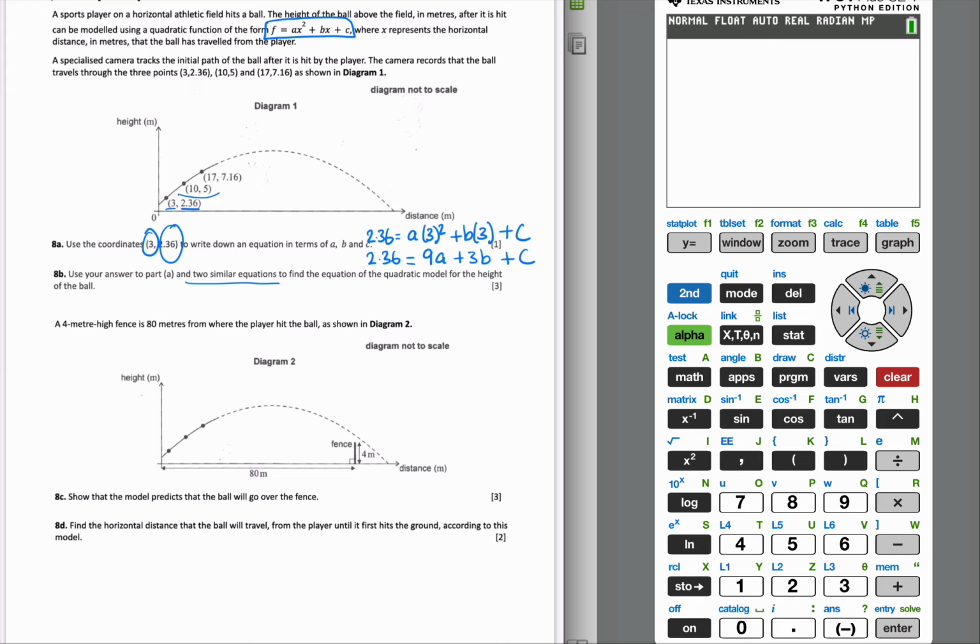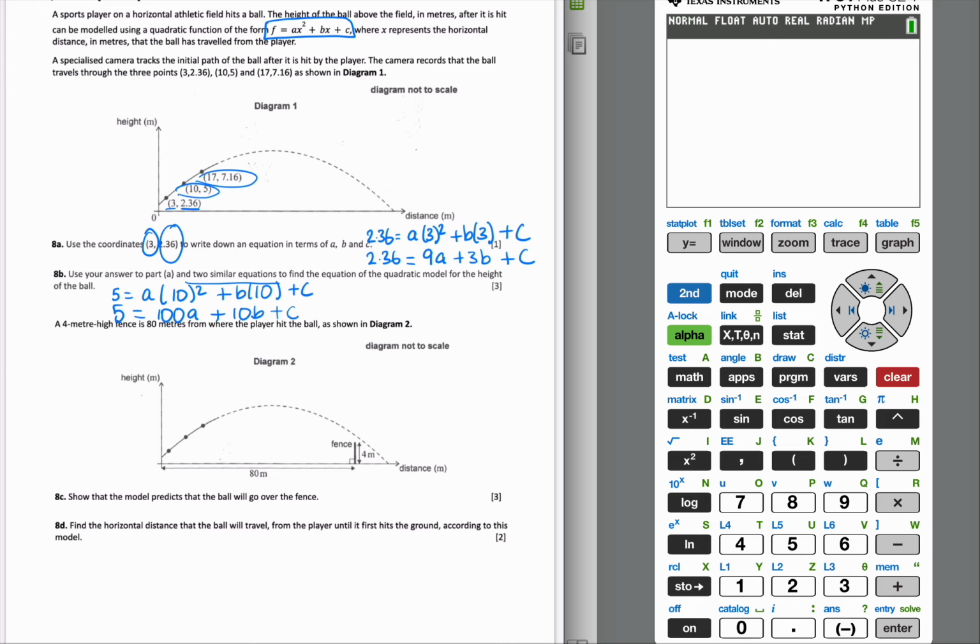Now we have 2 more coordinates given to us, so in exactly the same way, we're going to write some more equations. For the second one, the y coordinate is 5 and the x coordinate is 10. So it is equal to a times 10 squared plus b times 10 plus c. And again, if I tidy that up, that's 5 equals 100a plus 10b plus c.